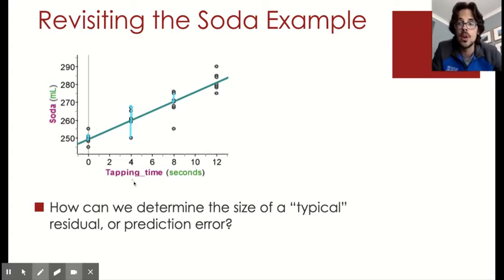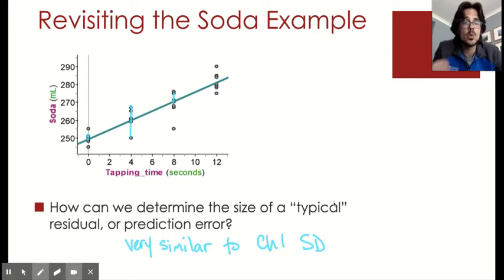So I have to do a very similar process to what I did in chapter 1 with standard deviation. There's a formula that I'll show you guys, but it's basically a way of taking all those residuals and coming up with an average or typical distance from that line of best fit.